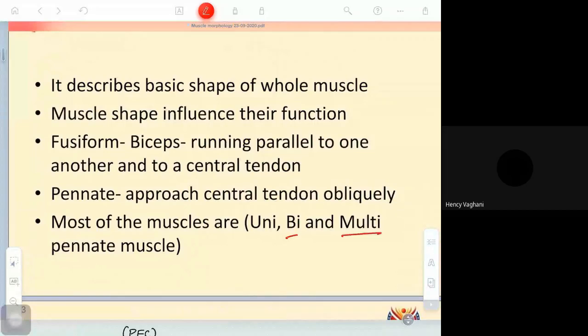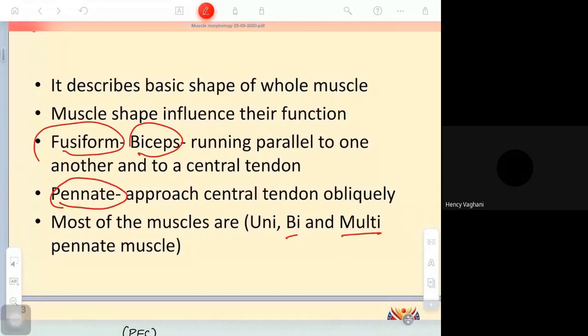What is an example for multipennate? Deltoid muscle. Clear? So we are not going to study in detail the types of muscle. We are going to discuss the shape of the muscle. For fusiform muscle, biceps is an example, and for pennate muscle, we will take one example. What is pennate muscle?